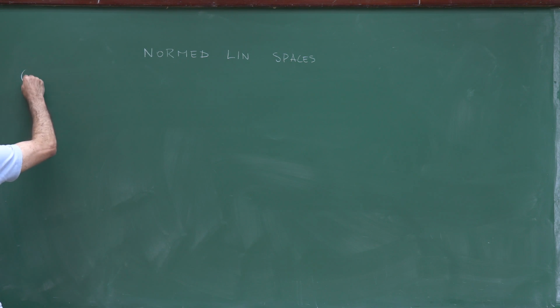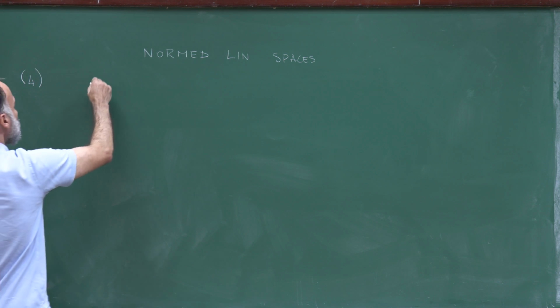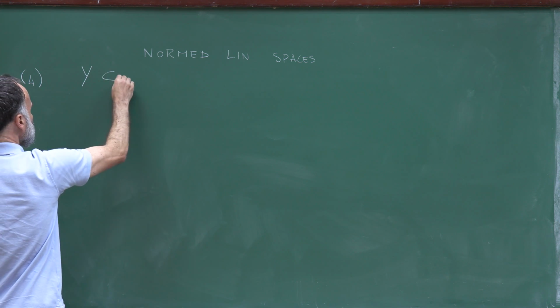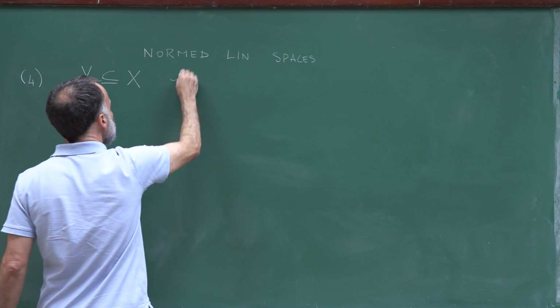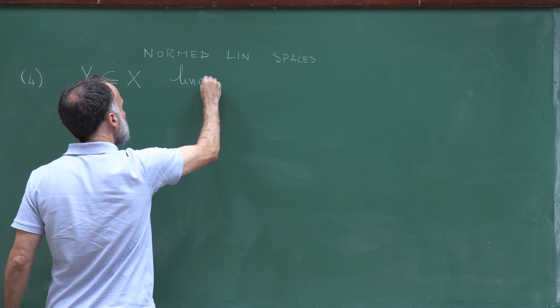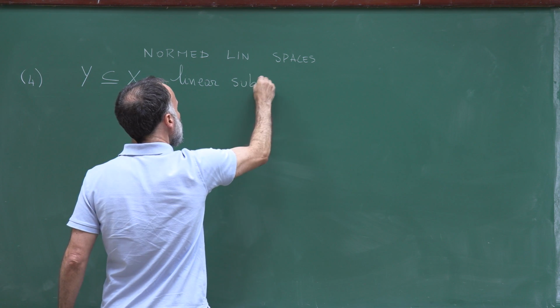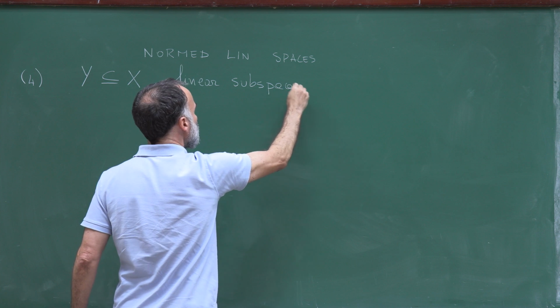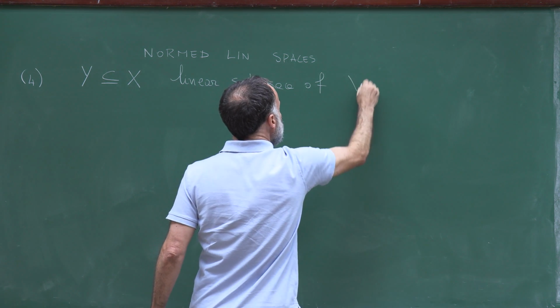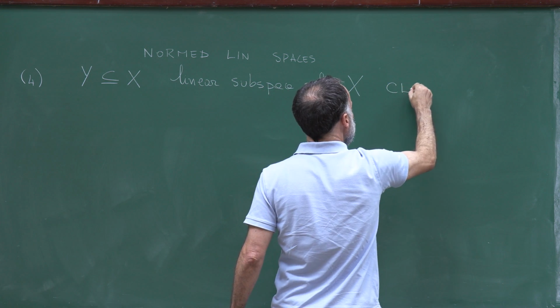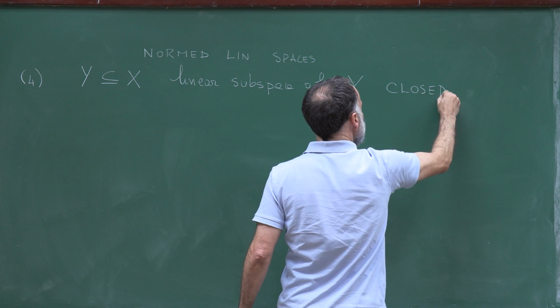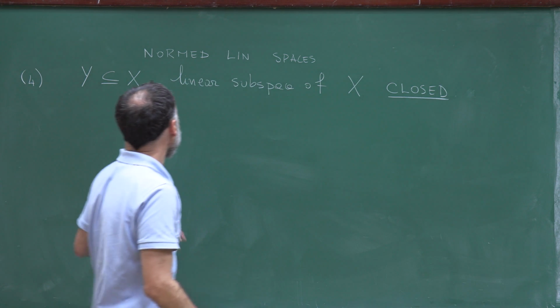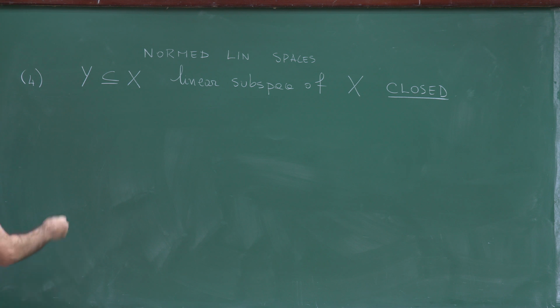Now, a more interesting example is the following. Assume that Y is a linear subspace of X which is closed. So I'm assuming that Y is closed.